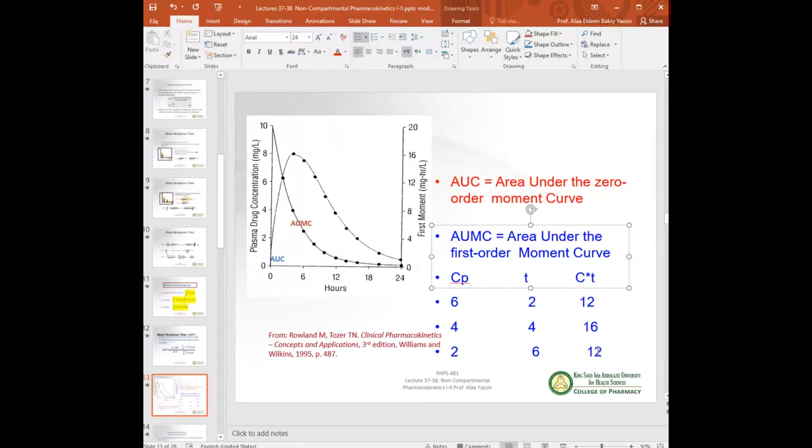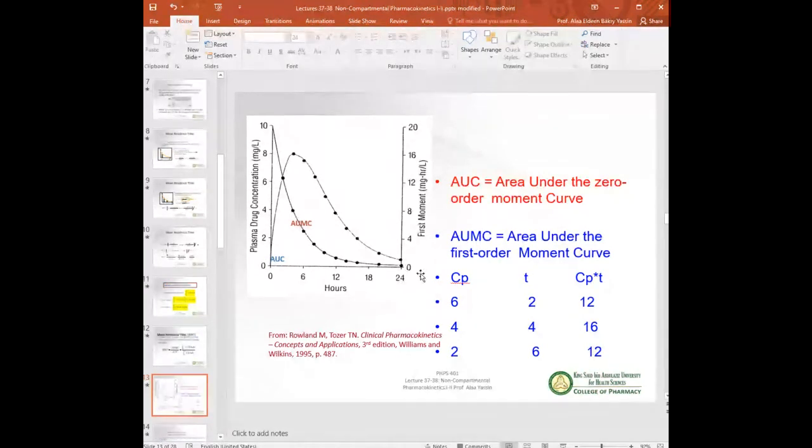In order to draw it, you again plot this against the time points, the sampling time points. So this gives you the area under the curve, the same time points against the multiplication of concentration C by T. So look at this curve, how they developed it.